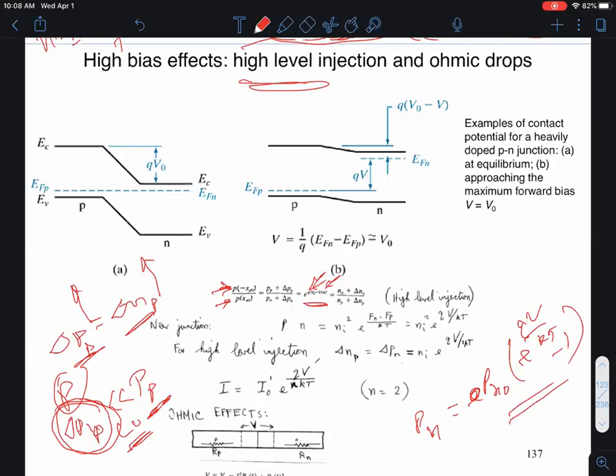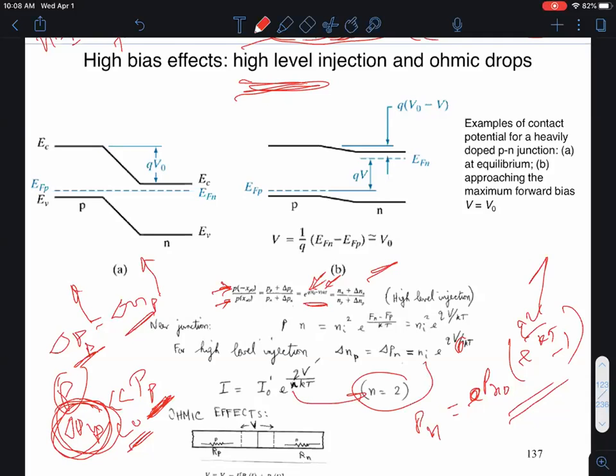If you keep cranking things up exponentially, at some point, the change will also be significant on a fractional basis. And that's what high level injection means, all right? I'm not going to go through the detailed mathematical analysis, but basically that introduces a factor of 2 in the exponent of this IV characteristic, kind of like the diode ideality factor.